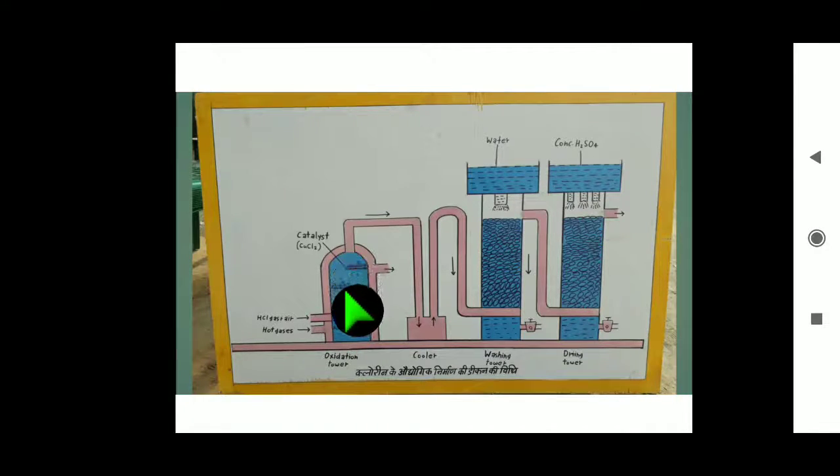Okay, after these three components react, we can get the chlorine gas through the pipe and it settles in the second container. Okay, then it is a washing tower. The third container is a drying tower.